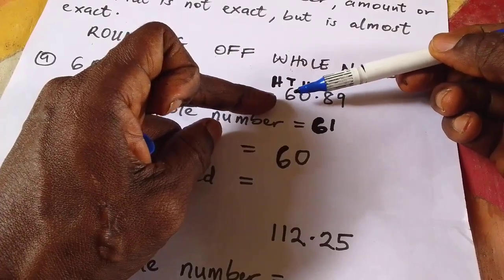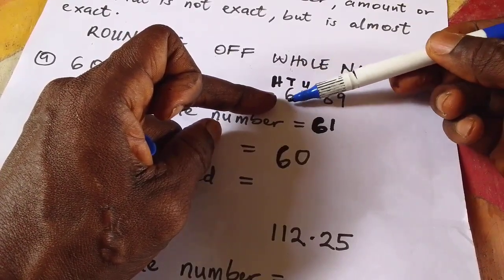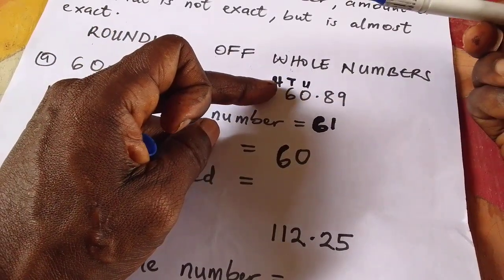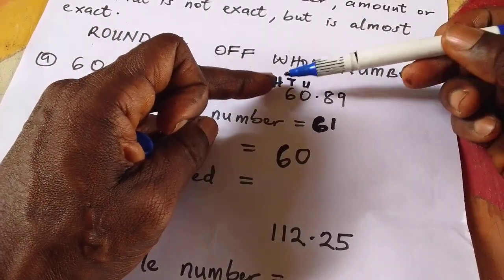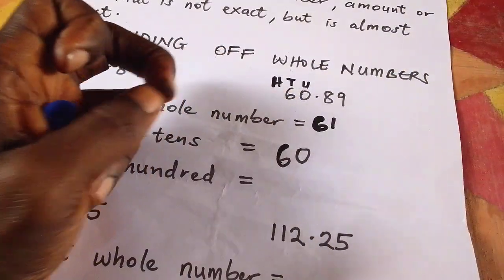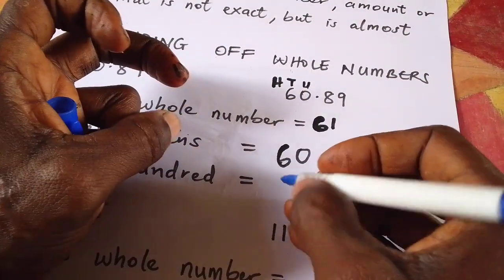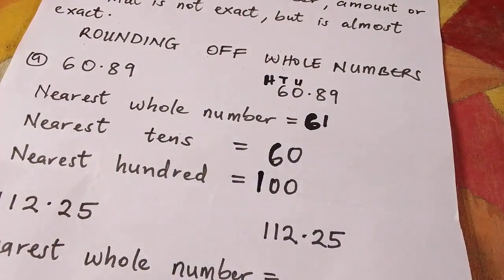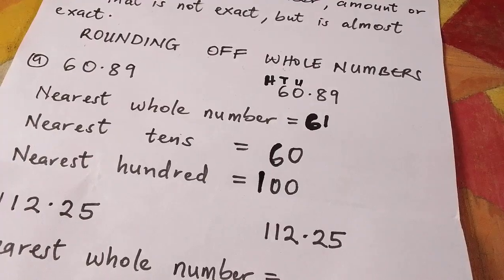This is a number that is more than 5. Before you turn the other numbers to 0, you add 1 to the number assumed to be here, which is 0. So 0 plus 1 will give us 1. So you now turn the others to 0. That means you now have 100. So 60.89 to the nearest 100 will give you 100.